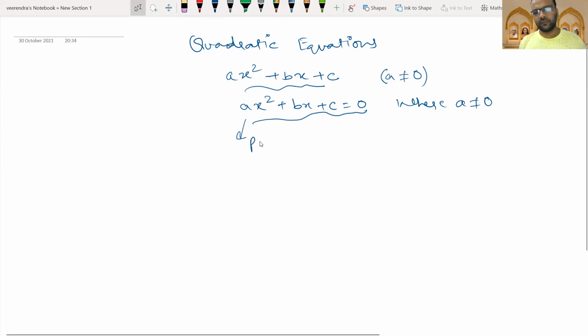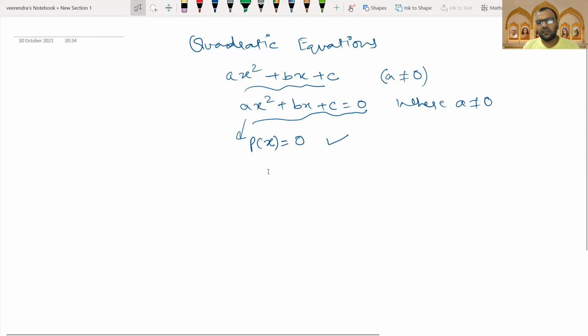If I write it as p of x is equal to 0, where p of x is a polynomial of second degree or a quadratic polynomial, then we can say it is a quadratic equation.